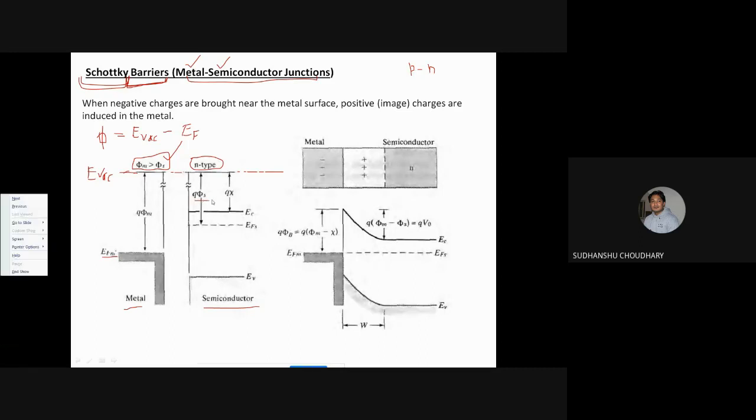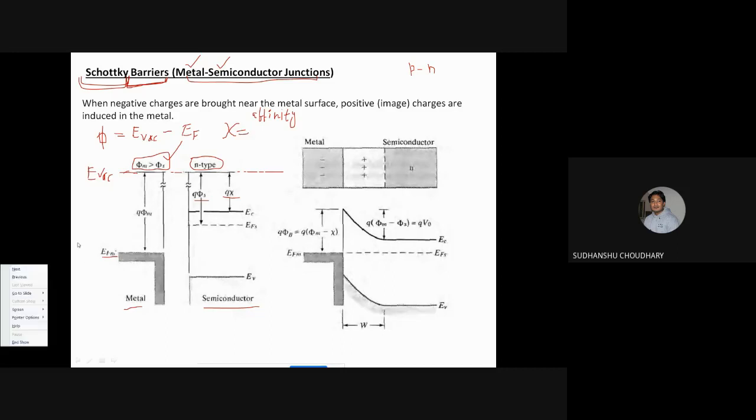Now another parameter here is called electron affinity, X. So X is called electron affinity, or a carrier affinity, right? This electron affinity is the difference between the conduction band and the vacuum level, that is, E vacuum minus E conduction band energy level.